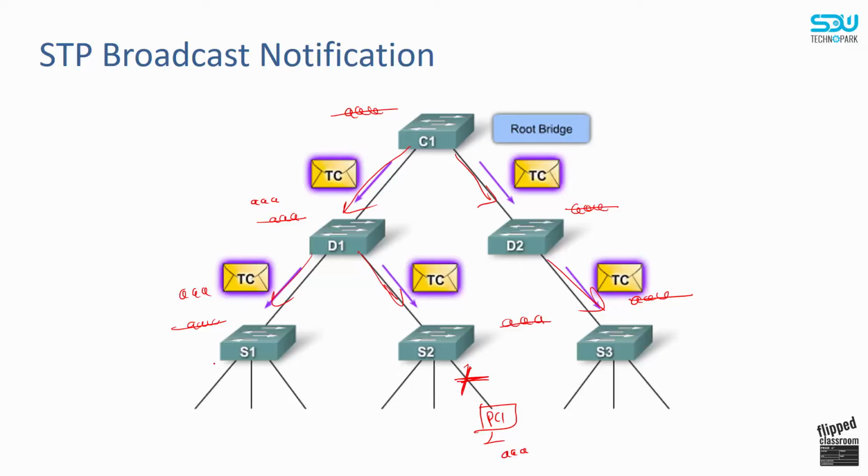And when switch 1 receives the communication to AAA, it will still redirect it to D1, and from D1 it will be redirected to S2, and afterward S2 will say, okay, come on, I don't have this value anymore. That is why we have this centralized communication between these switches, and this centralized synchronization is provided by the spanning tree protocol.